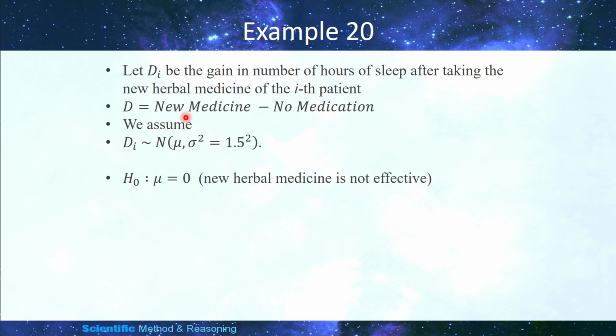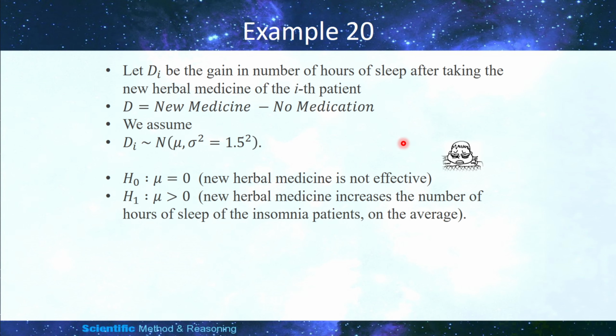Some might get more sleep in the next week, some may get less sleep in the next week. So it would be a random fluctuation around zero. So the null hypothesis would be that the new herbal medicine is not effective, and translated to mathematical terms, that means mu equals zero. The average gain is zero.